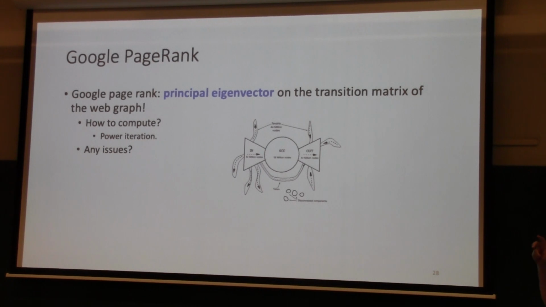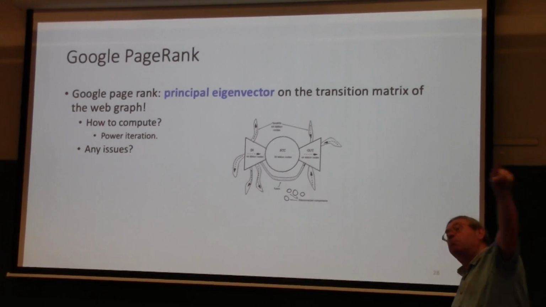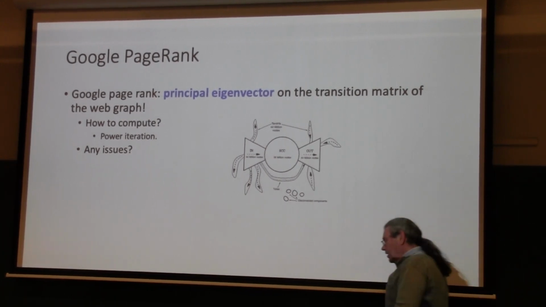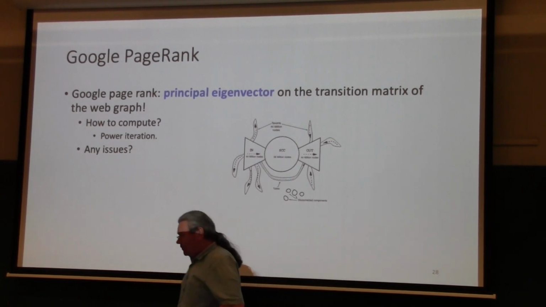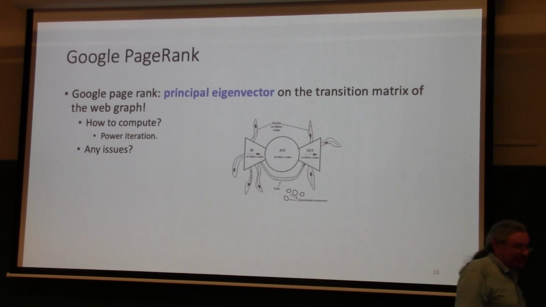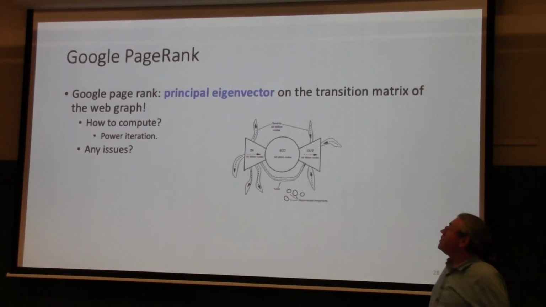We're going to compute the eigenvector of a matrix which is 10 billion by 10 billion on the side. That makes how many elements inside that matrix? Well, 10 to the 20th elements in there. So that's a lot, right?